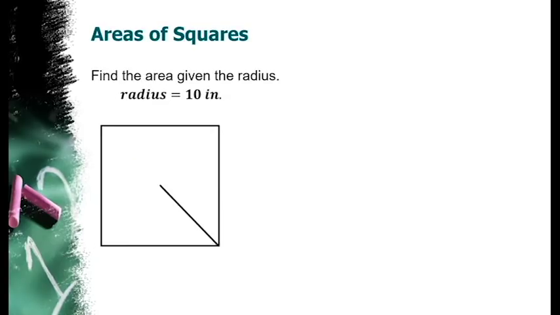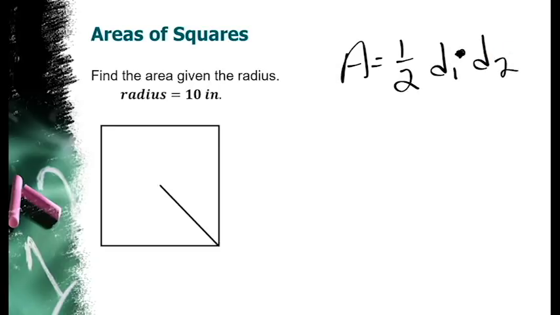Now if we have a radius, radius indicates that we're going to be looking at the diagonal because the radius is a part of the diagonal. There's our diagonal right there. You can see that the radius is a part of that line. So we're looking at using the area formula, that is 1/2 diagonal 1 times diagonal 2.